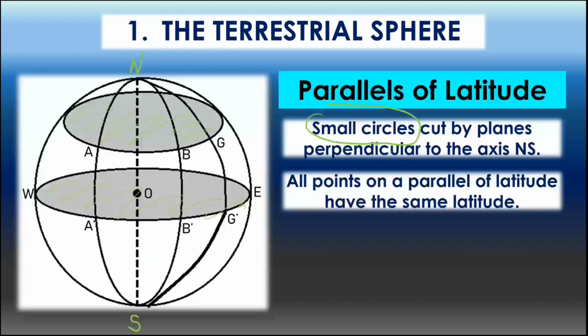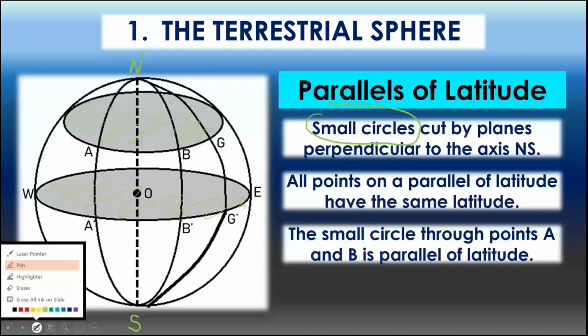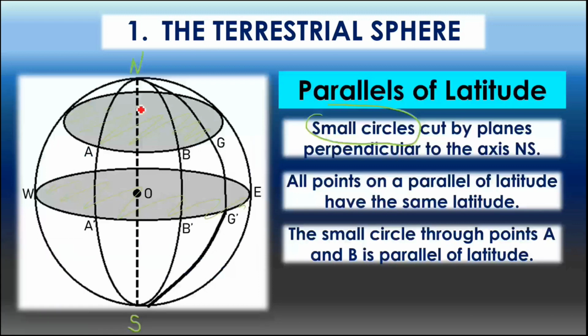It is said that all points on a parallel of latitude have the same latitude. So the small circle through points A and B is a parallel of latitude. In the illustration we have two parallels of latitude. The first one is this small circle here, and points A and B have the same latitudes.